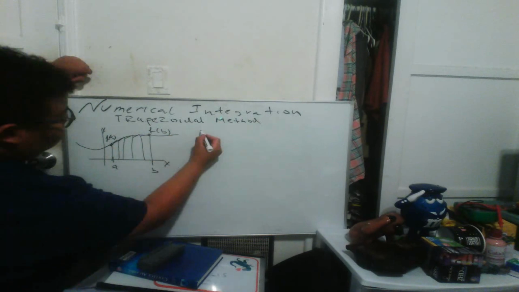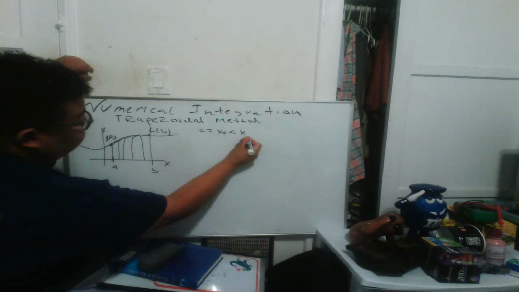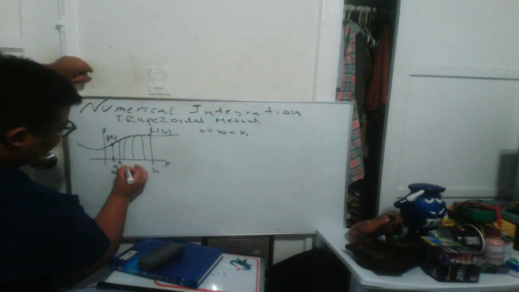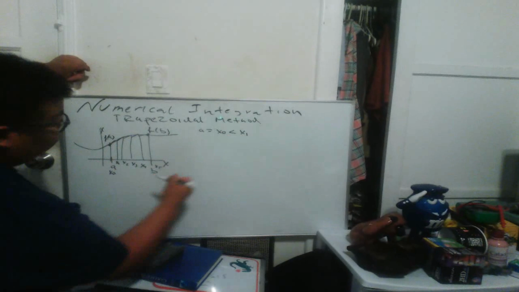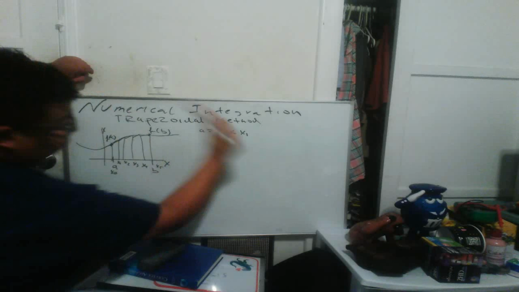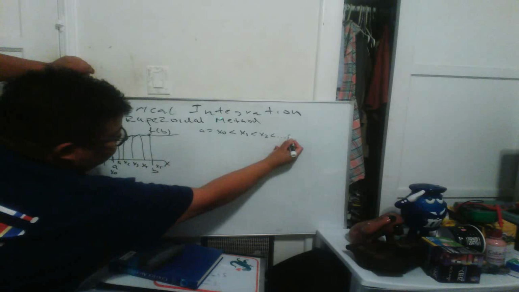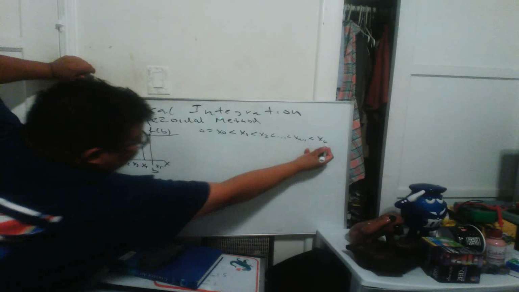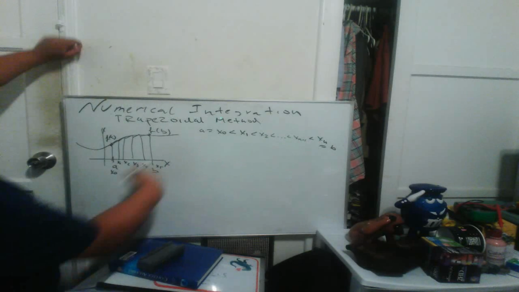We're going to have A equal to x naught, less than x1, less than x2, and so on, up to x of n minus 1, less than xn, and that's equal to b. So this is the partition.